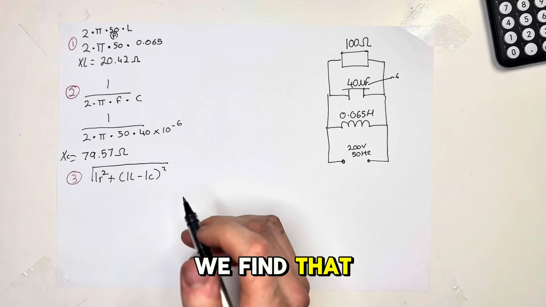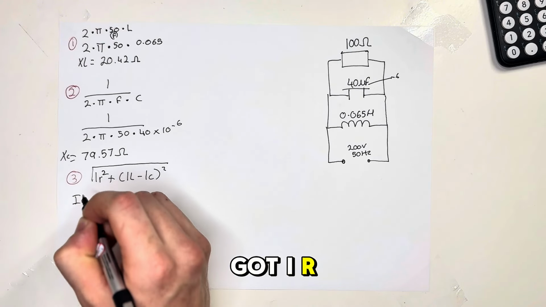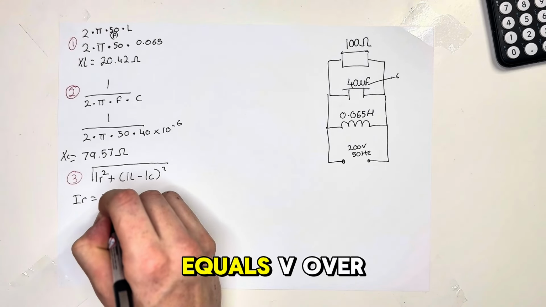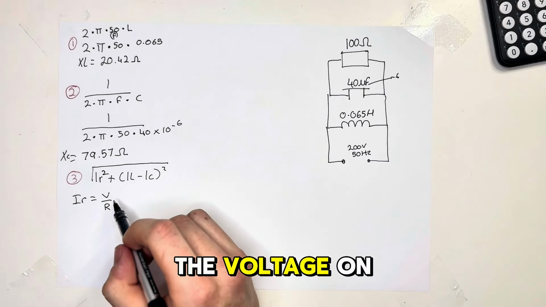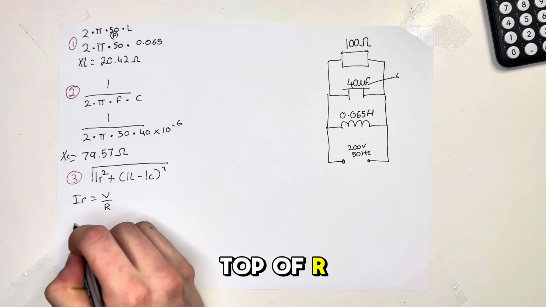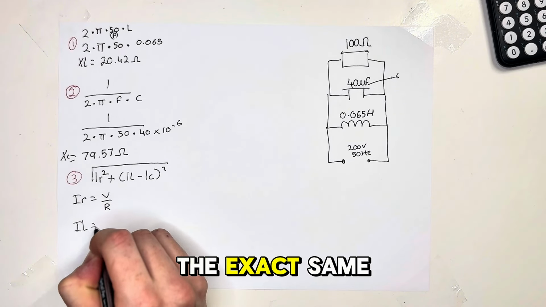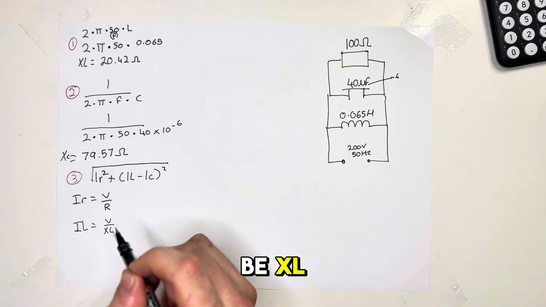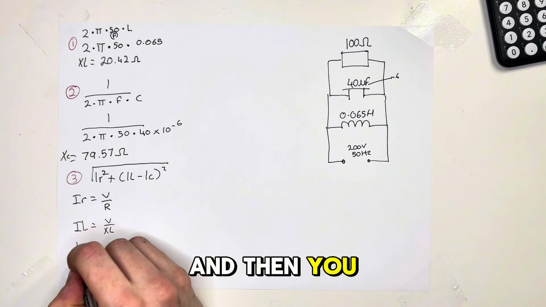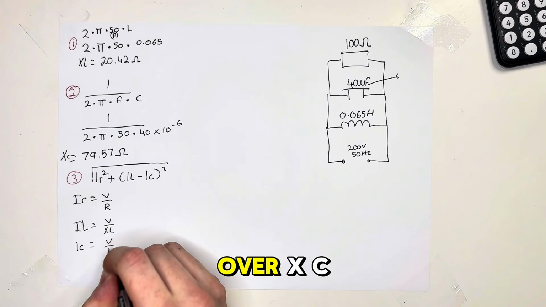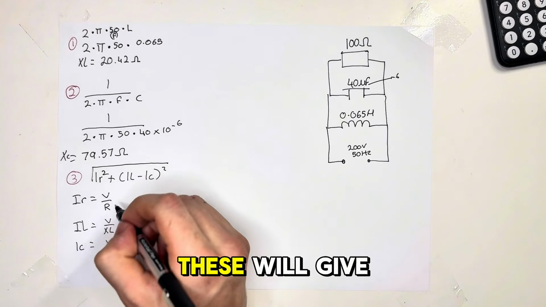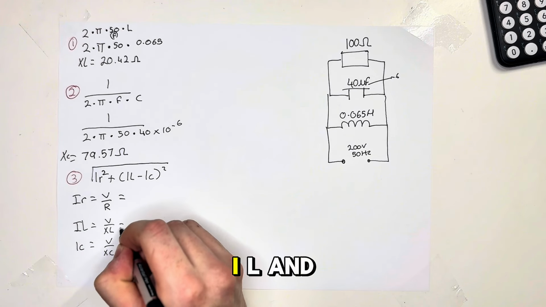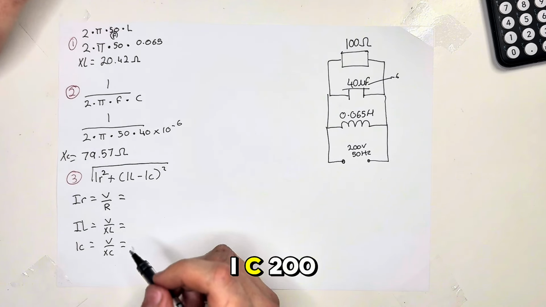So how do we find that? We've got IR equals V over R, the voltage on top of R, and IL is going to be the exact same, but instead of R, it's going to be XL. And then you guessed it, IC is V over XC.